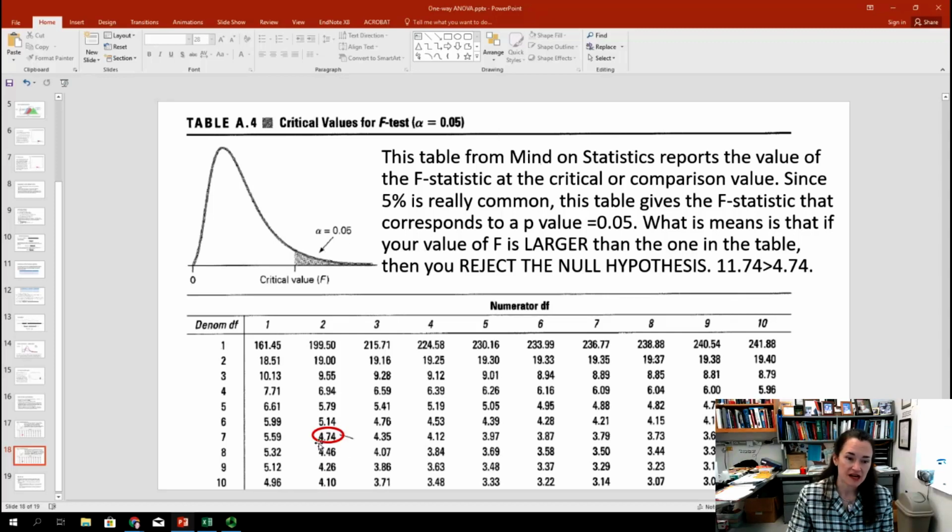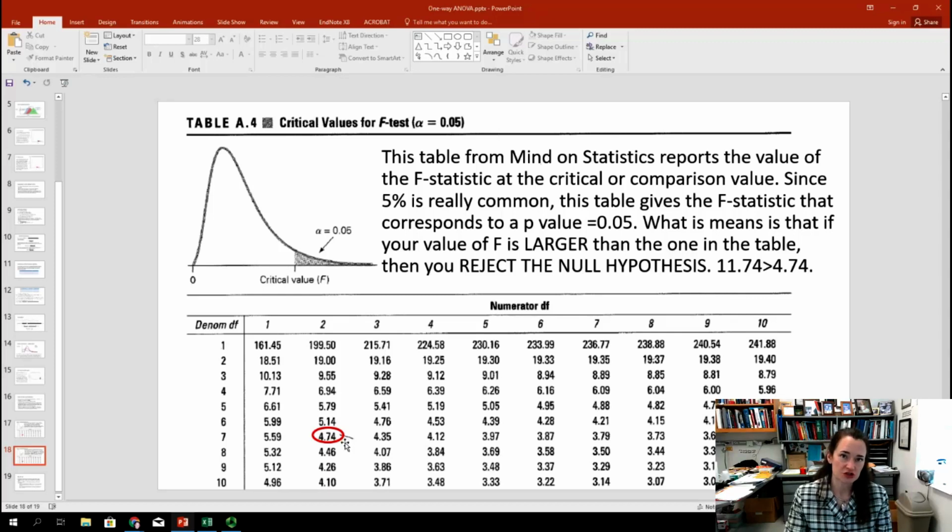So if you had an F-statistic for 2 and 7 degrees of freedom of 4.74, that would mean you would have a 5% chance of having that F value or higher. Well, our value was 11.74, and 11.74 is greater than the value in the table, which means that your percent chance is even less than 5%.